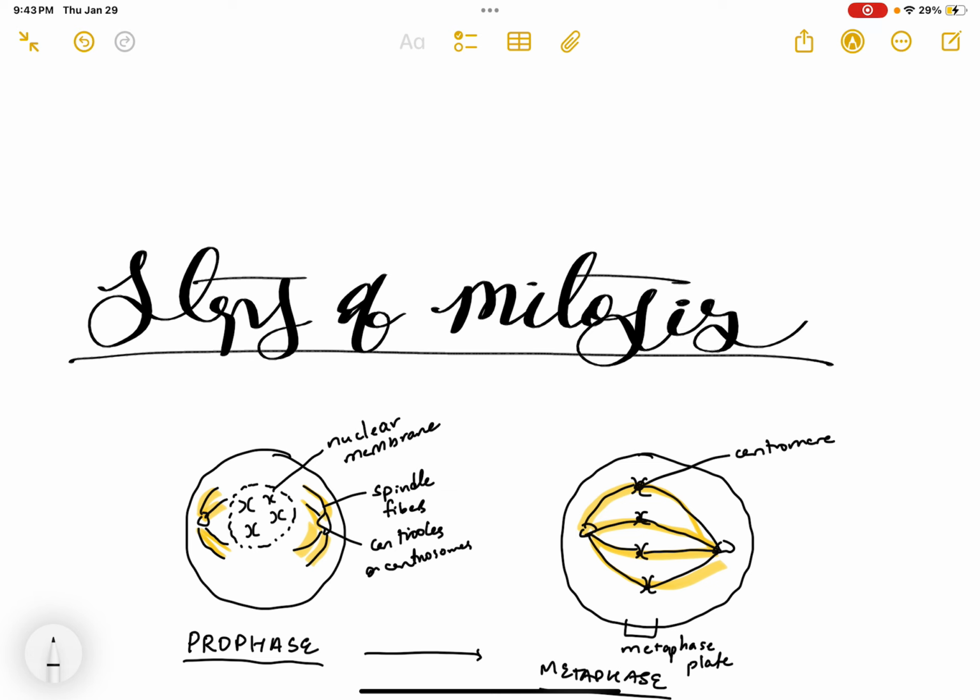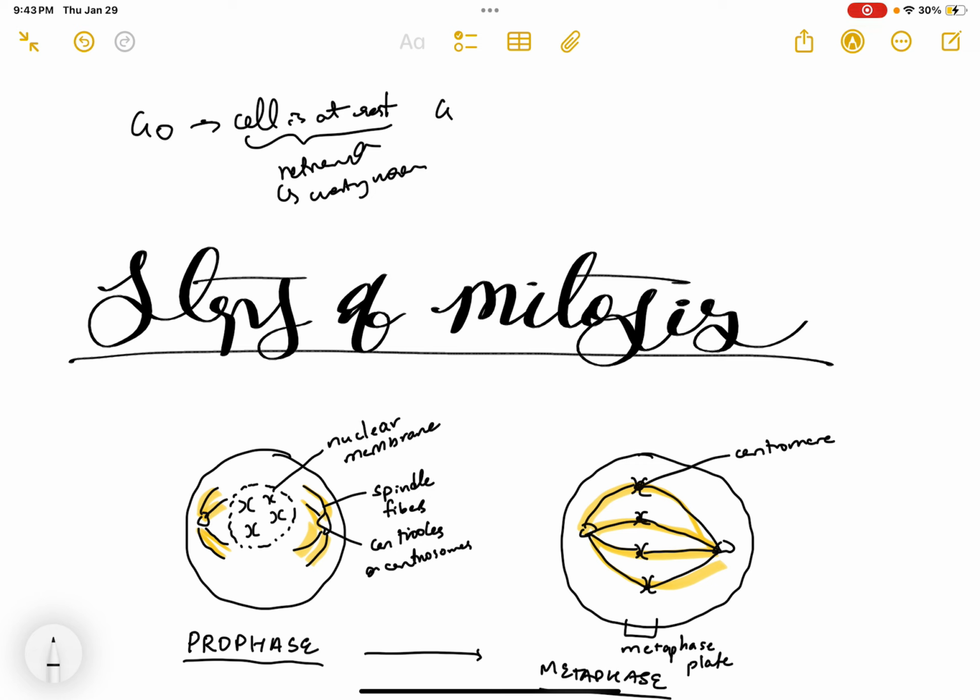Firstly, there is G0, where the cell is at rest. You can imagine this as retirement, or the cell being in a waiting room, because in G0 the cell is waiting to receive a response to move on to cell division or the cell cycle. Otherwise, the cell is at rest and stays at the G0 stage.